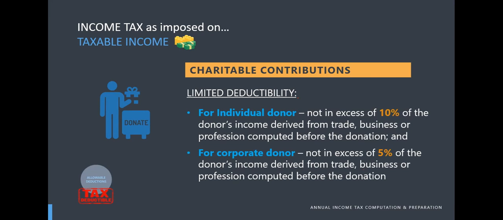If we have a net income of 1 million and the charitable contributions is 150,000, then the basis of the 10% or 5% would be the 850,000. If it is an individual donor, the rate is 10%. If it is corporate, the rate is 5%.